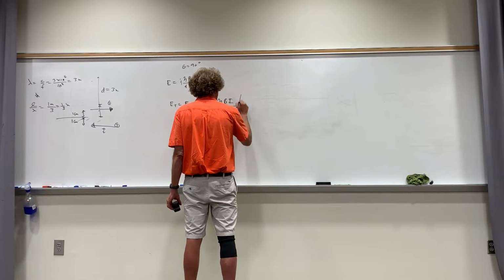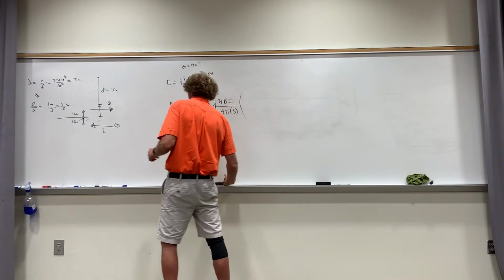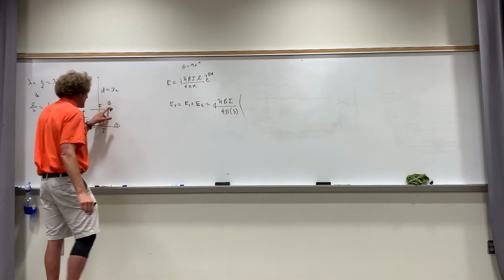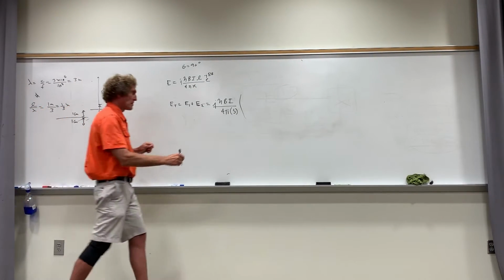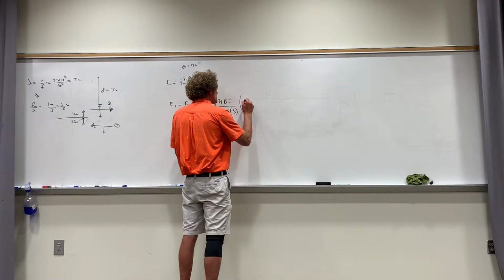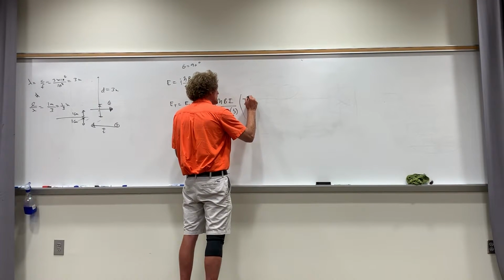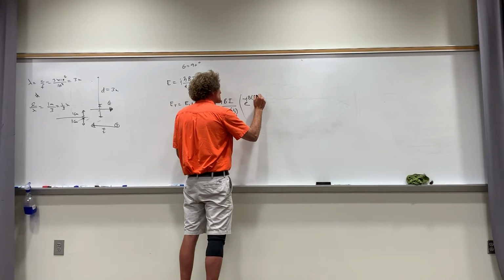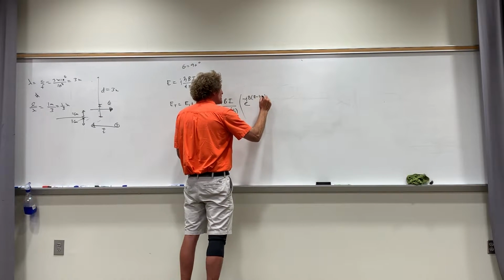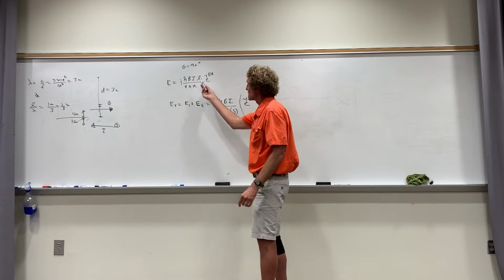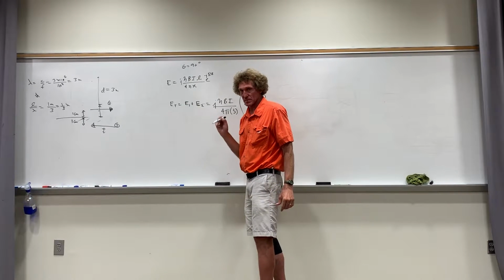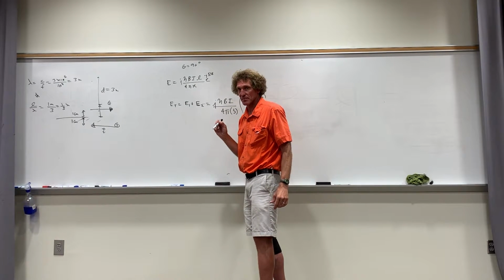Now, here's where it becomes interesting. For the first one, when I have e to the minus j beta r, if you remember, this is going to be e to the minus j beta, and then r minus 1 centimeter, right? But the second one will have a minus sign because the current will be going in the other direction. Remember this from last time, class?